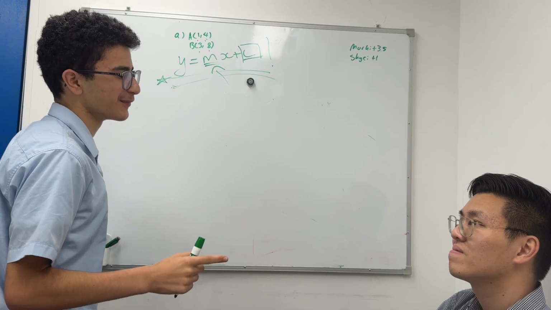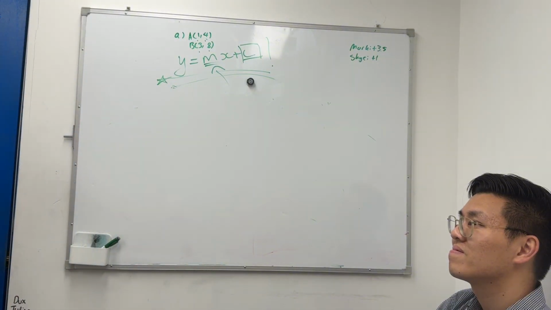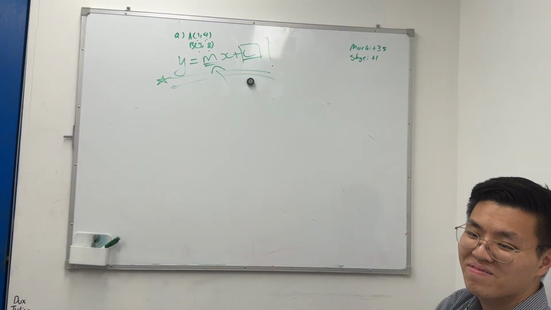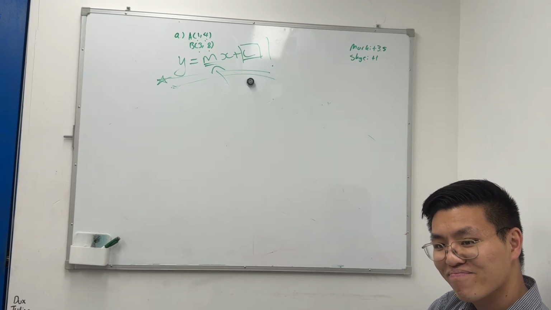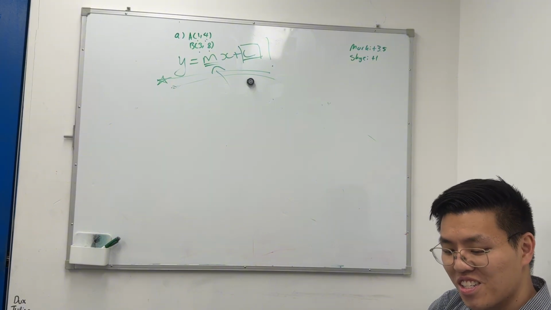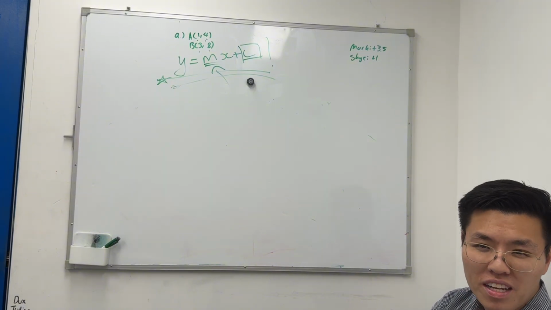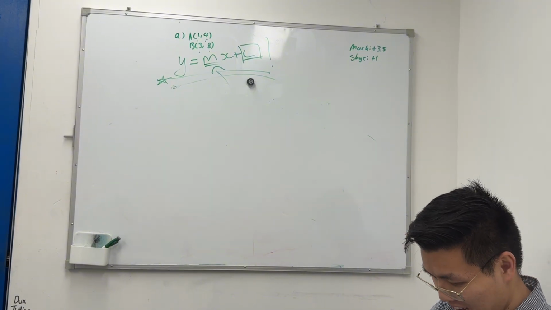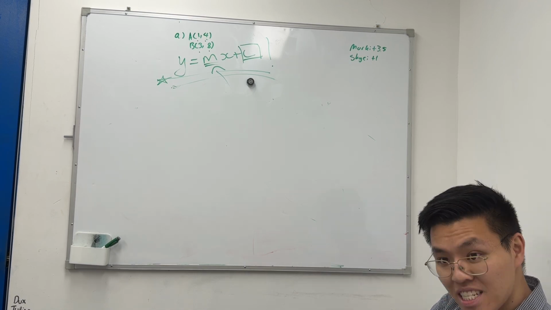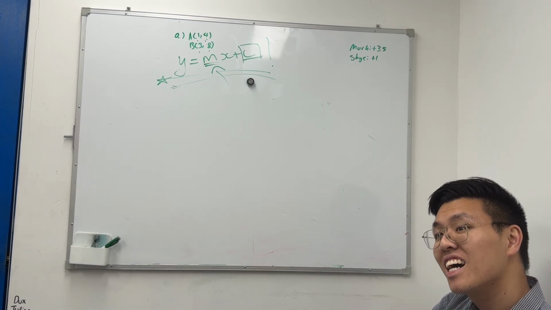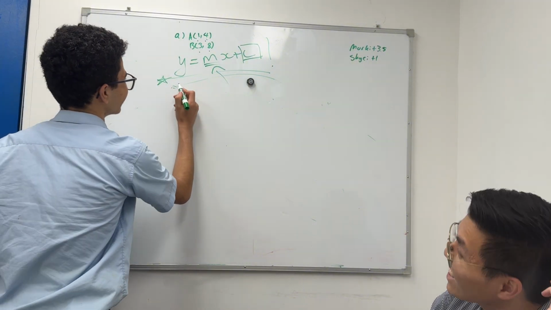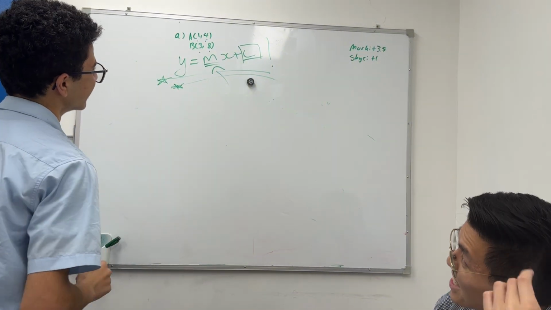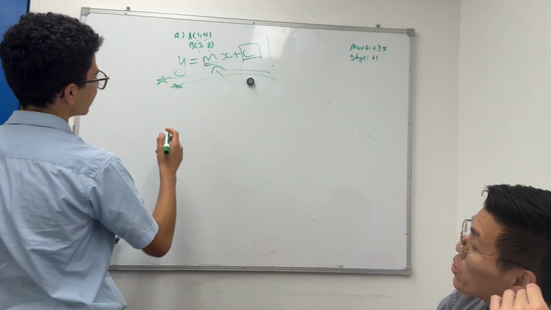Wait, no, I remember. Sorry, Sky, for the slow progress we're making. Wait, I forgot this. How do we do this? You tell me. You wanted to come up here.